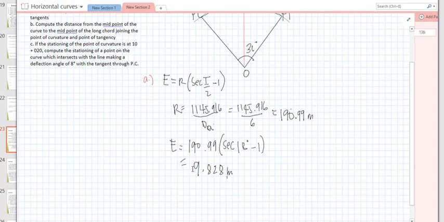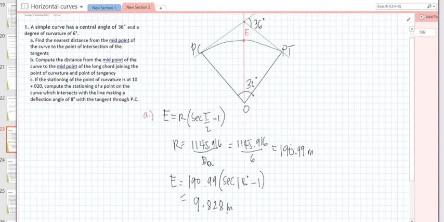Okay. And for letter B, compute the distance from the midpoint of the curve to the midpoint of the long chord. So let's draw a line here. No. So this distance from the midpoint of the curve to the midpoint of the long chord, joining the point of curvature and point of tangency.